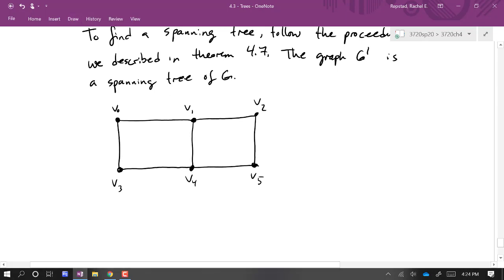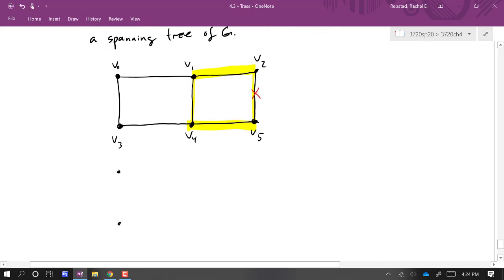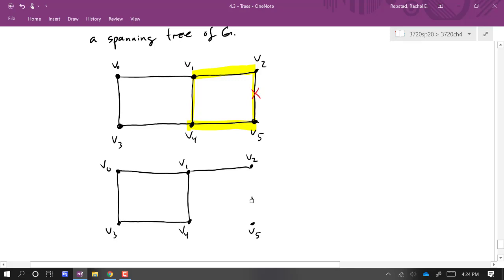Let's say the cycle, this box on the right side, V1, V2, V5, V4. Here's a cycle. I'm going to identify an edge in that cycle and get rid of it. I'm not going to get rid of any vertices. So I'm getting rid of one edge. Oops, got rid of that edge. So that's what we're left with.